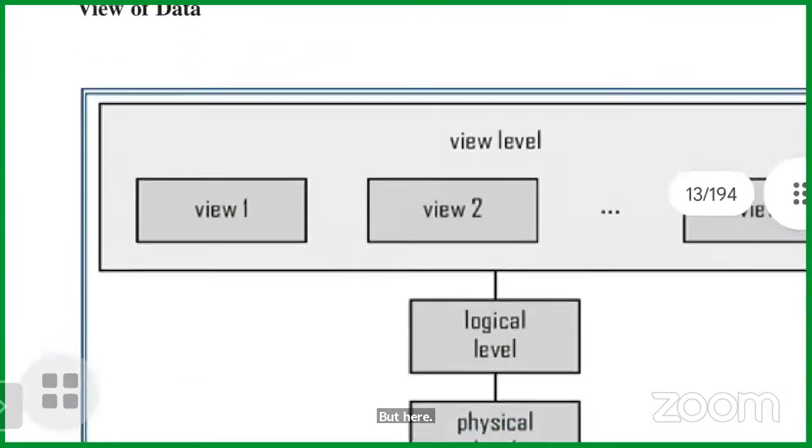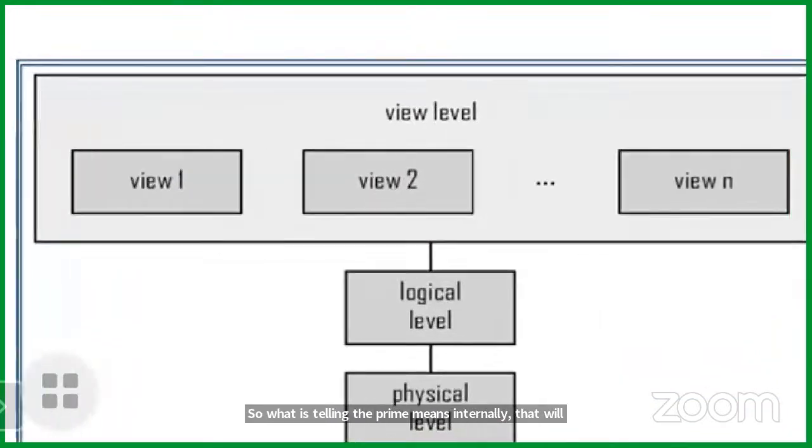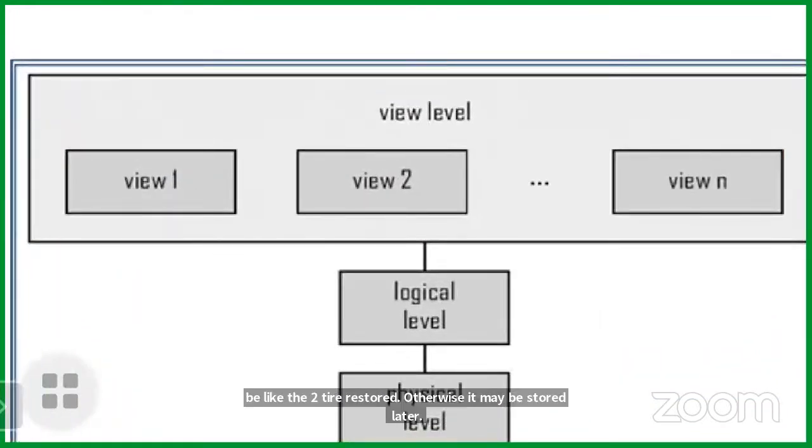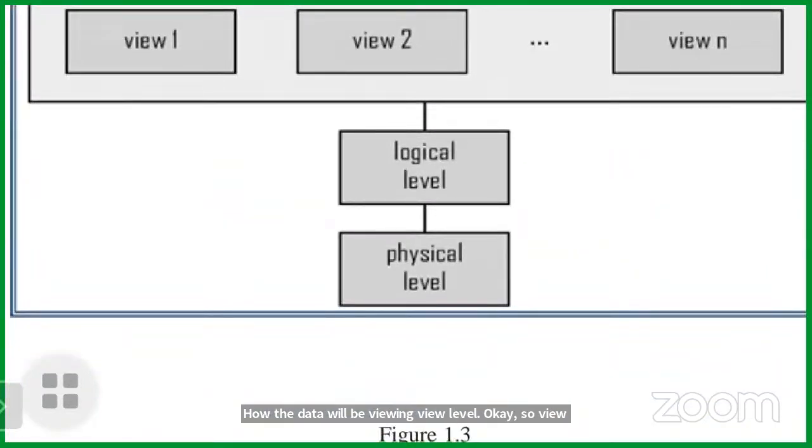And see here how the data will be viewed, the view level. View 1, view 2 means how many users want to see. The user can see only the view level. If you want to book a ticket, we know only that front page.